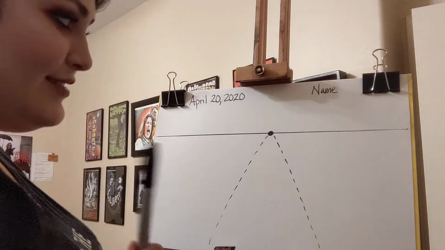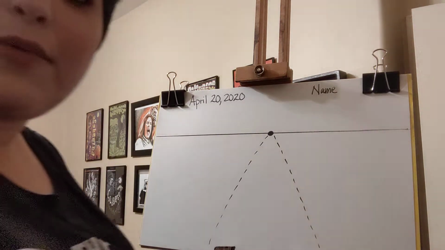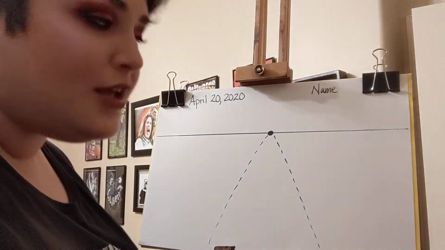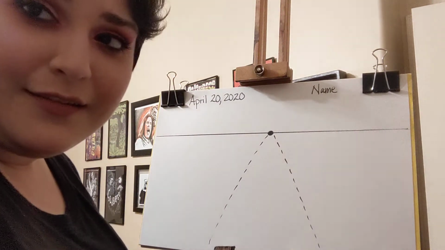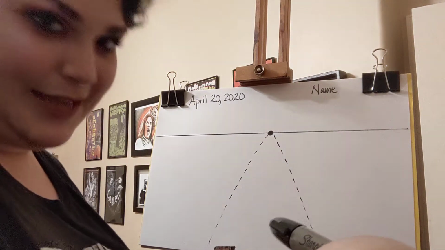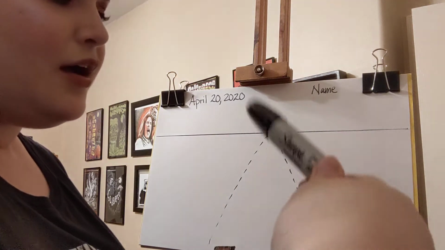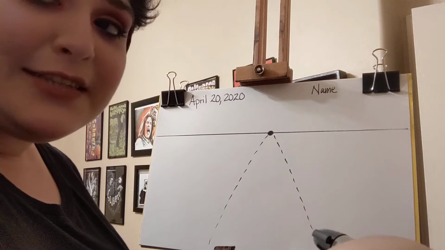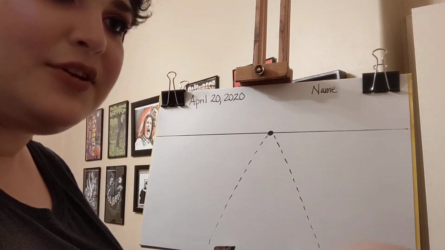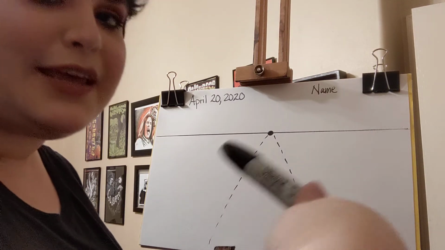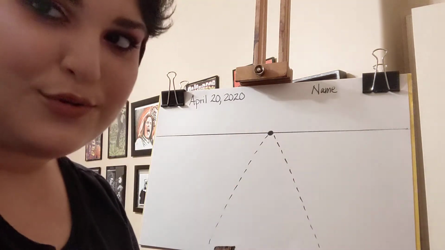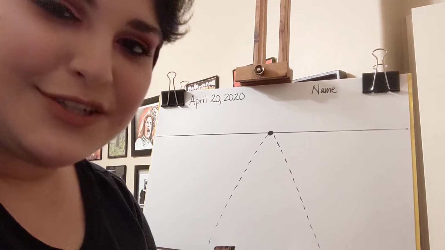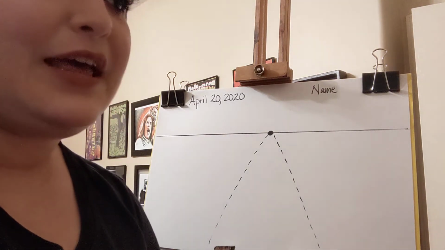Now, using this little template, here's what I want you guys to do. I want you to draw a scene, like a nice little landscape kind of drawing of a place that you would like to go to. Once we're able to leave the house and maybe go on vacation, or with your family and stuff like that.